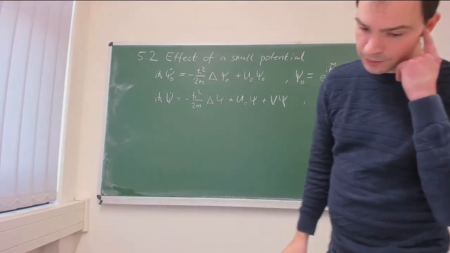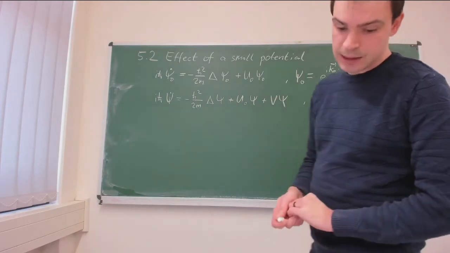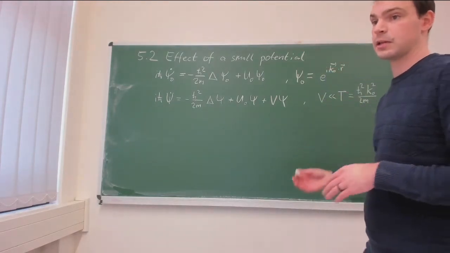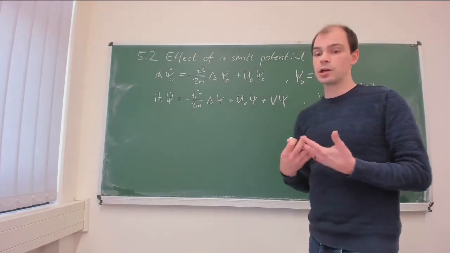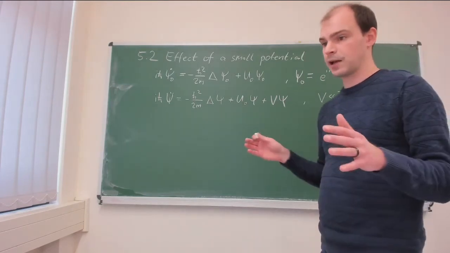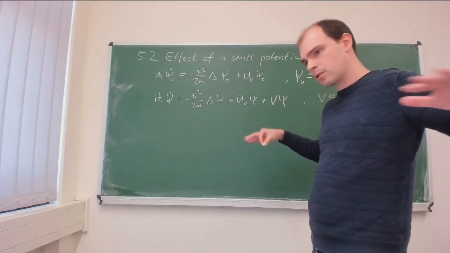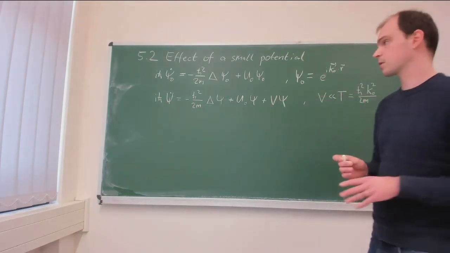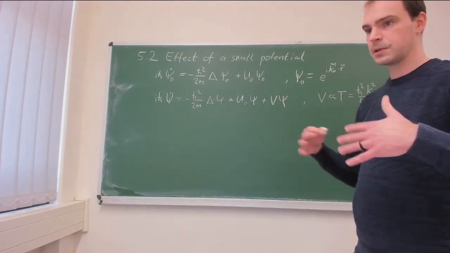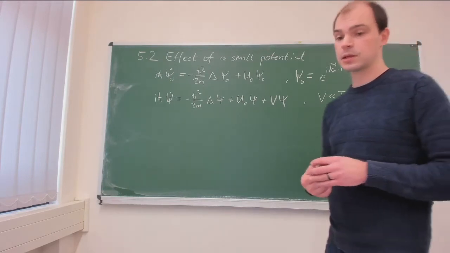So this we assume to hold, and if we have such a small potential, then we do not expect that the potential has a large effect on the shape of the wave function. So our wave function that is very wide anyway, so that it can be approximated by a plane wave, will not be changed much in its shape by such a small potential.